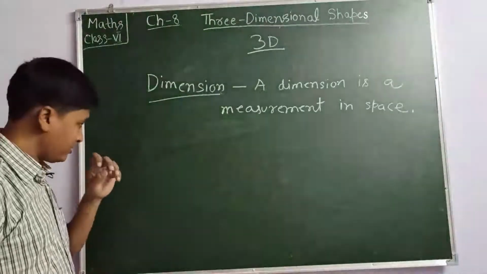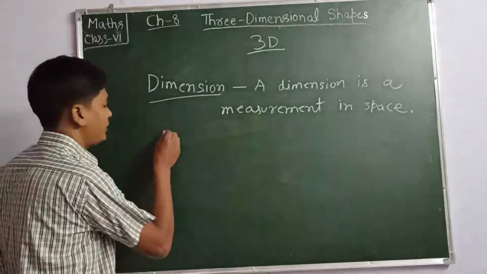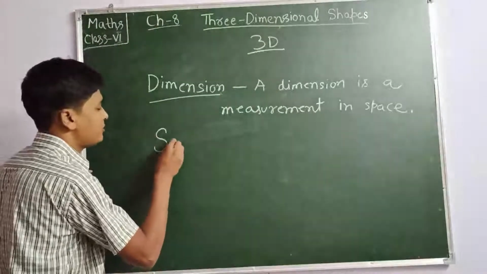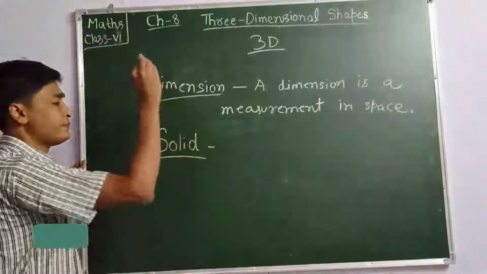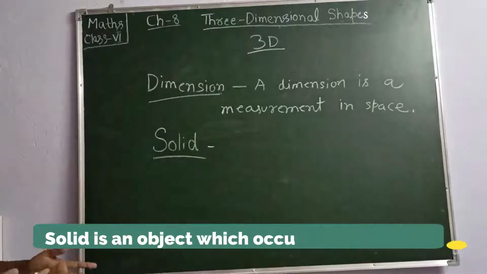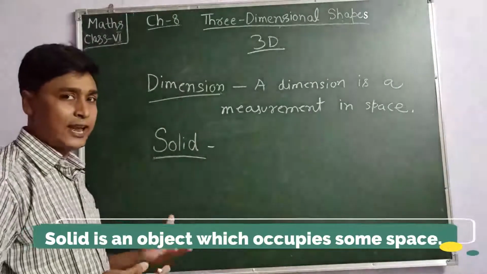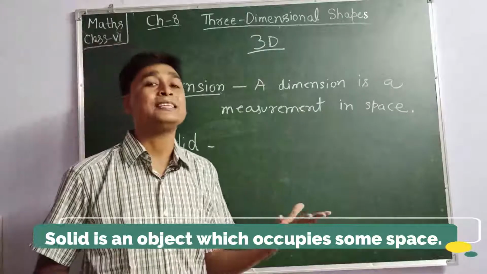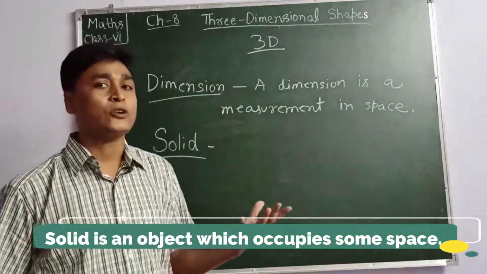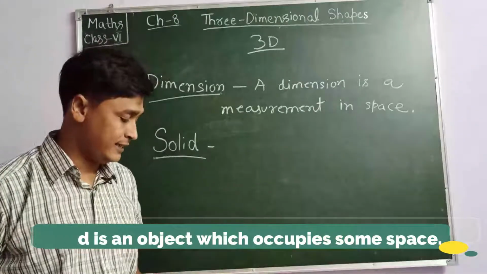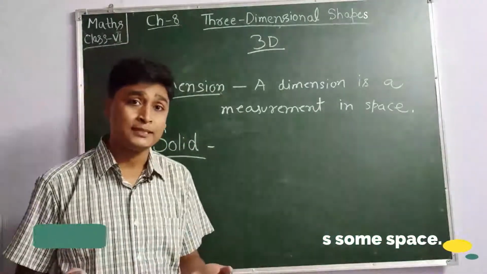As per your book, let's start with solid. Now let's talk about what a solid is. A solid is an object which occupies some space.